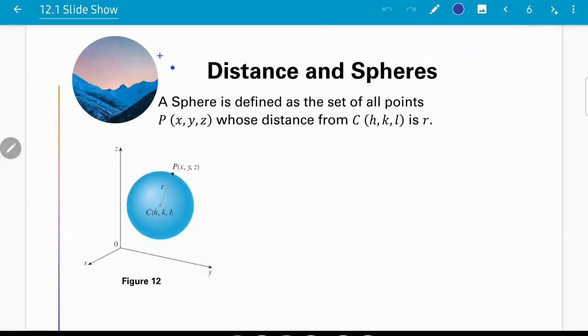This gives rise quickly to the definition of a sphere. A sphere is defined as the set of all points P, x, y, z, whose distance from the center C, h, k, l, is r. Beginning with the distance, we know that the magnitude of PC is r, which is the square root of x minus h quantity squared plus y minus k quantity squared plus z minus l quantity squared.